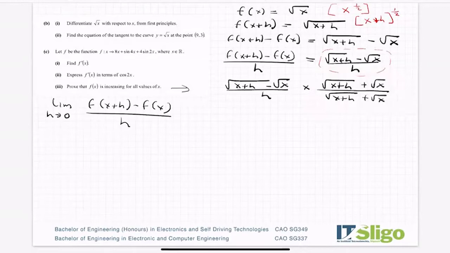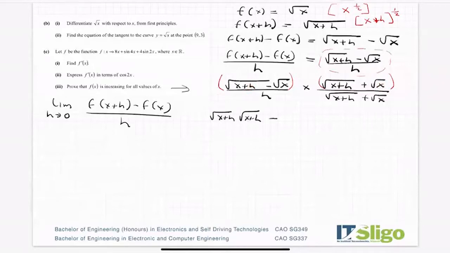Now let me do it for you and show you why I'm doing it. Just like any other complicated looking function, it is this first one multiplied by everything in the second bracket, minus this one by everything in the second bracket. I'm going to write it out long and then I'll explain what's happening. So I'm going to get root x plus h by root x plus h. That's the first one, that one by that one. I'm now going to do this one by this.